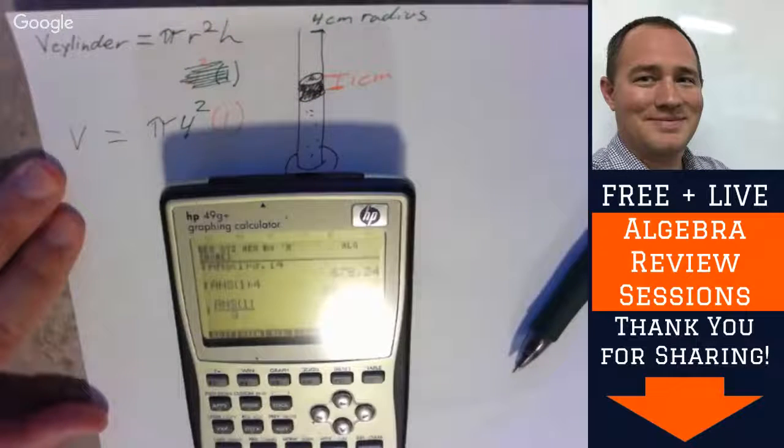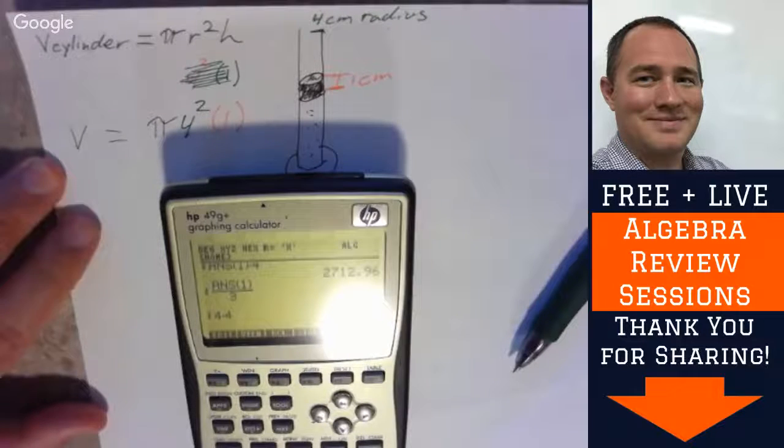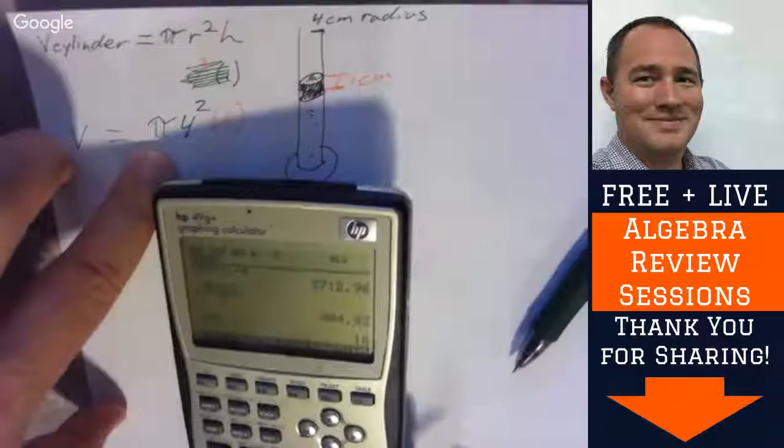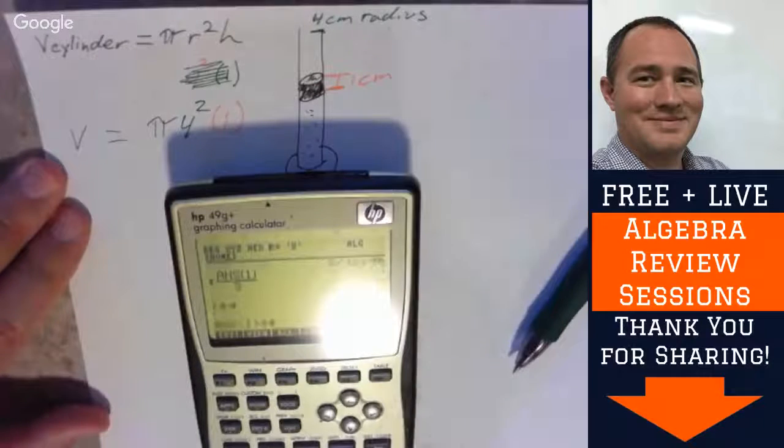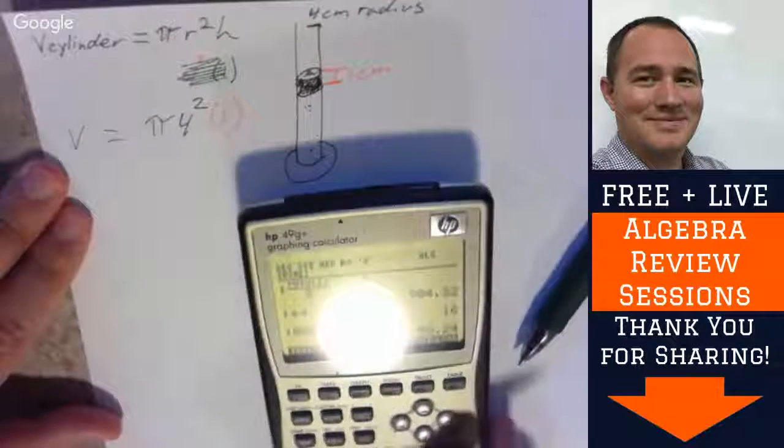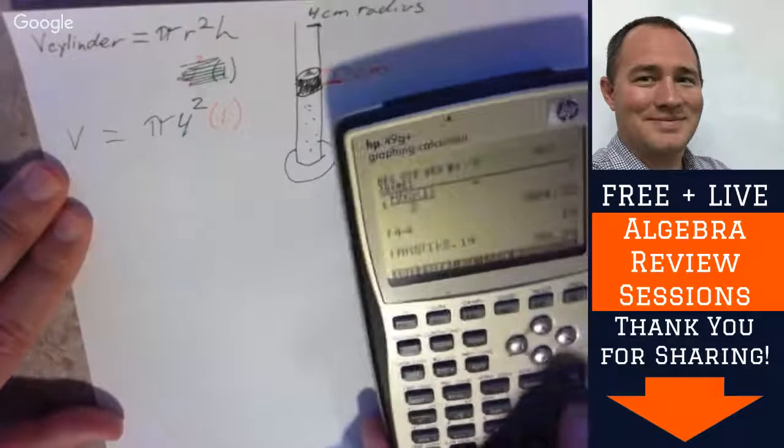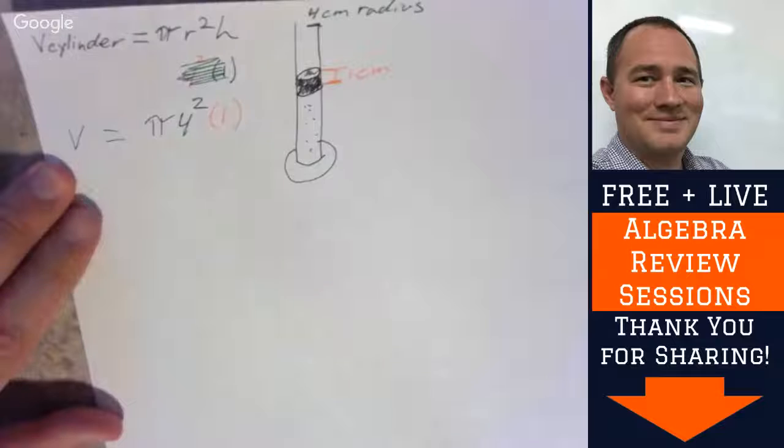We can find 4 squared by doing 4 times 4. Multiply that by pi, or times 3.14, like so. So we have 50.24.